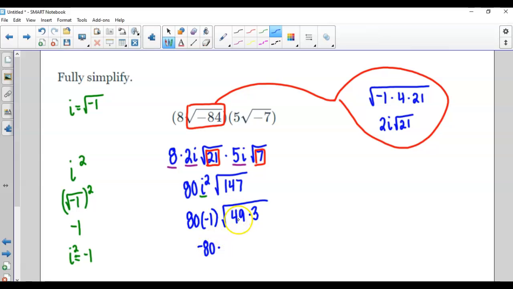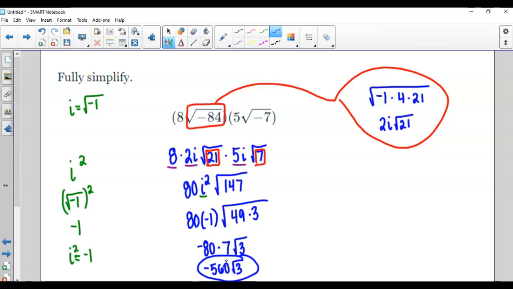And that's going to be multiplied by the square root of 49, which is 7. And then the 3 has to stay underneath the square root. So down for the end of this, we've got -560 square root of 3. And this would be our fully simplified version of our answer.